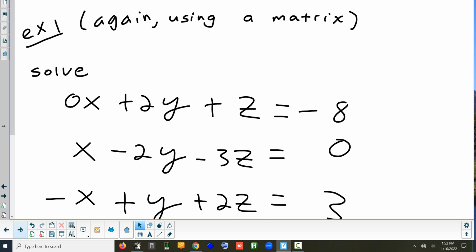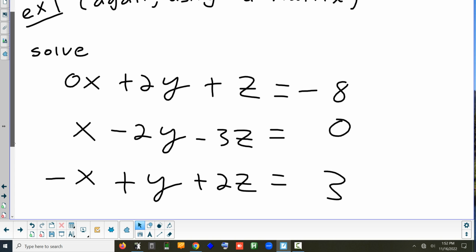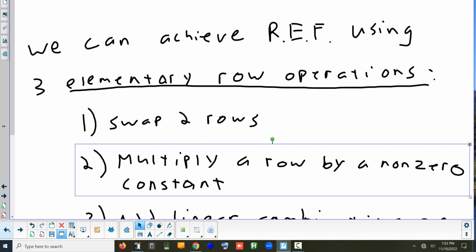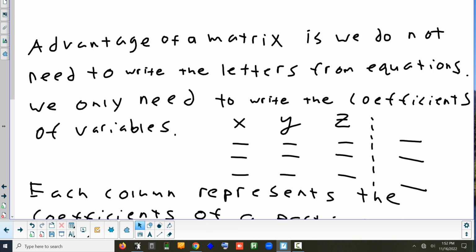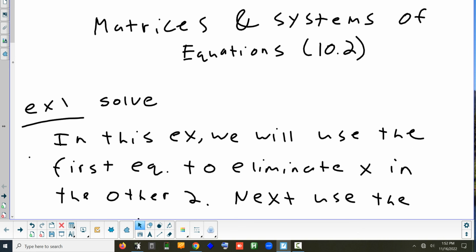So let me copy it down. I don't know if this was the original problem we had. I don't think that was. Let me just, must have changed it. Let me copy it.